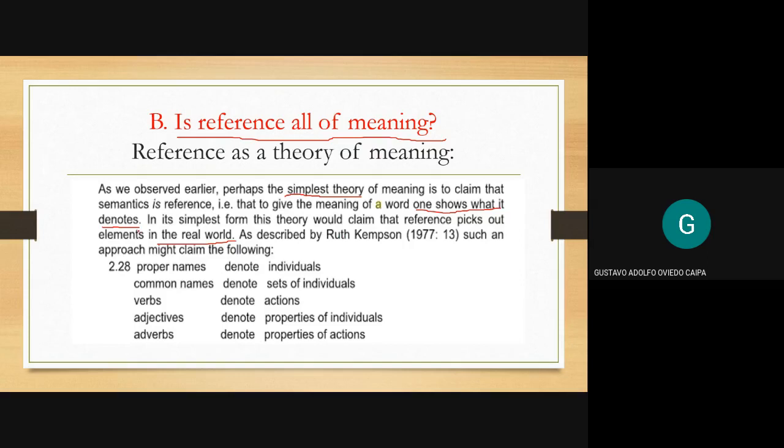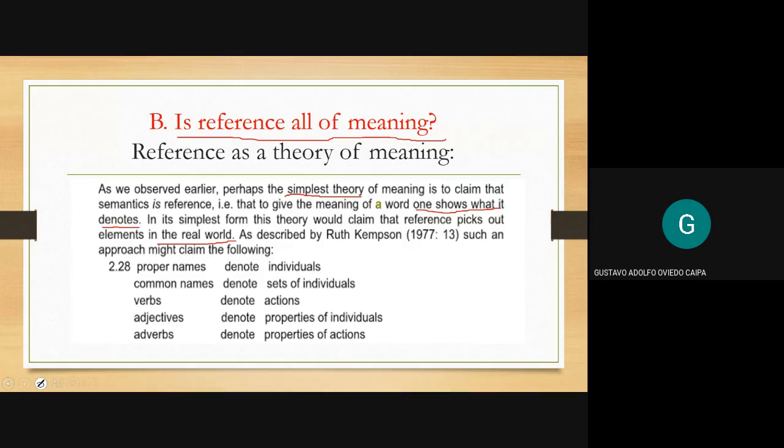By the way, this part right here is in the copies. Let me see where it is. Okay, it's on page 29.